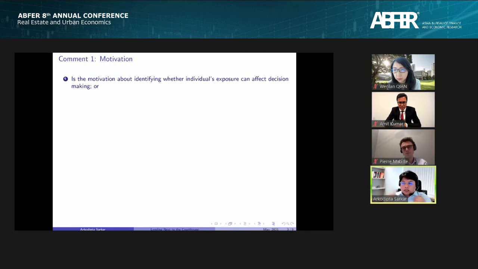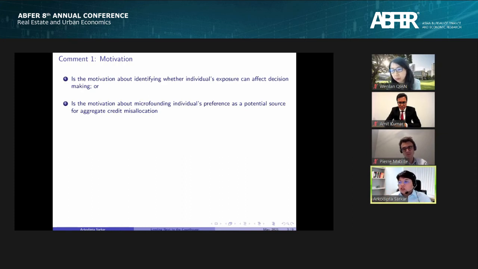Or there was another possible motivation, which is microfounding individuals' preferences as a potential cause for aggregate credit misallocation, right? So Mingzhu said that the foreclosure events can have aggregate credit impacts. So is this paper about identifying or microfounding whether individuals' preferences can have a broader macroeconomic effect of credit misallocation?